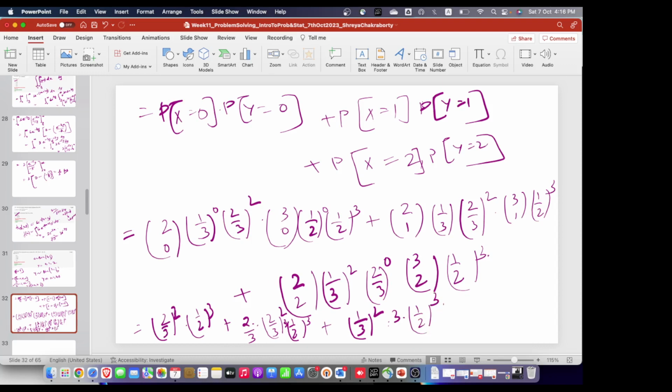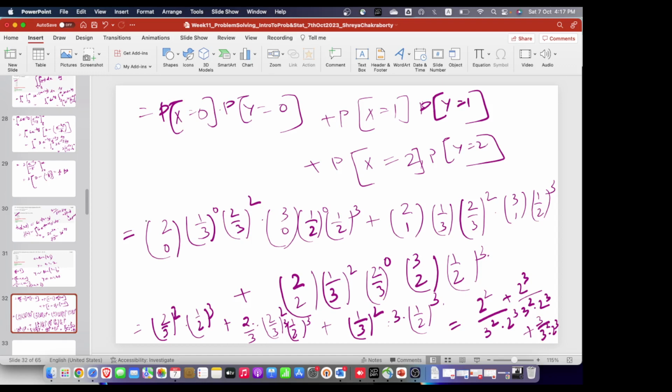Okay, so this one is, so we would have 2 square by 3 square 2 cube, plus 2 cube by 3 square into 2 cube, plus 3 into 3 square 2 cube.